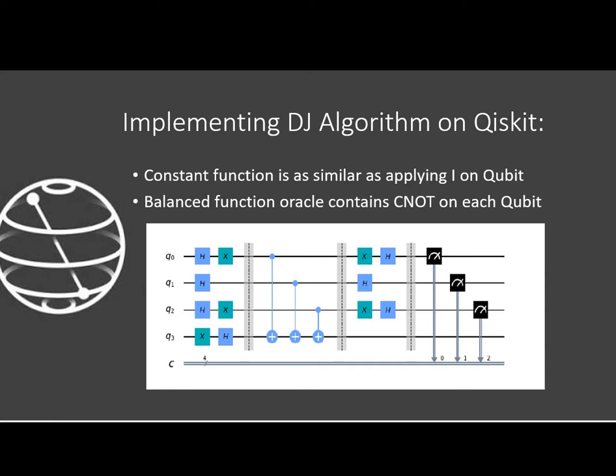So whatever I send as input we will get the same thing as output. So this is like applying an I function on the qubit. So in the oracle we apply I for a constant function, but for a balanced function we use CNOT because we need another type of output from our circuit.